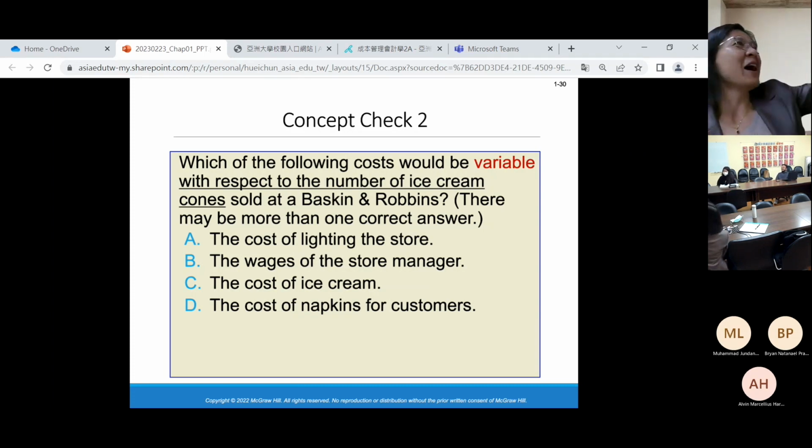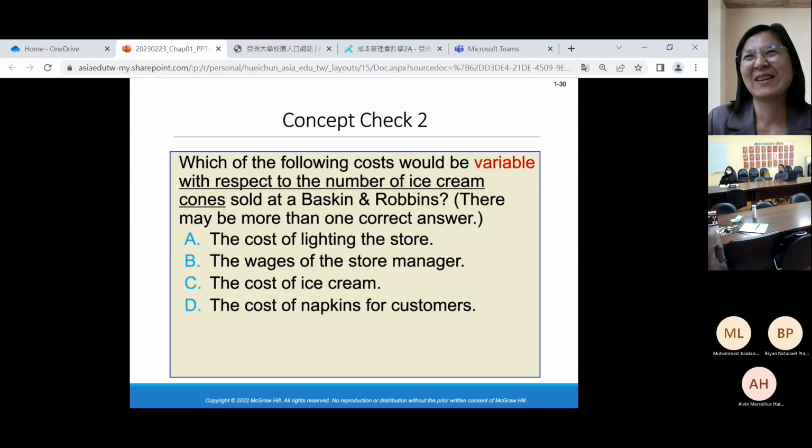Okay, how about D, the cost of napkins for customers? That's variable, right? Because for each ice cream cone, you put one napkin over the cone. Yes, but is it direct or indirect? That is a product cost, right? Yes, but is it a direct product cost or an indirect product cost?